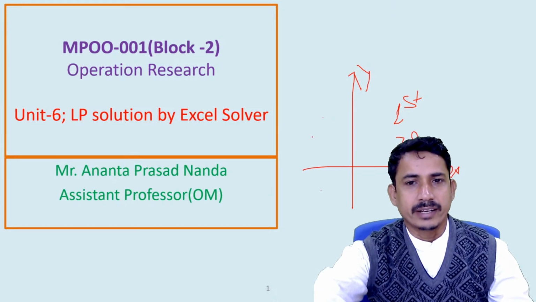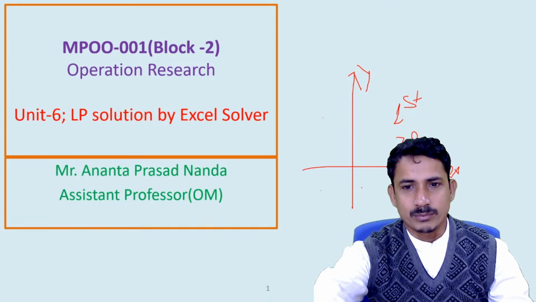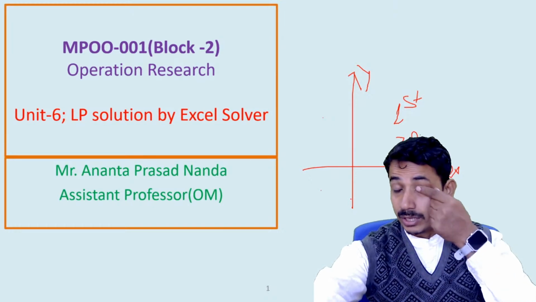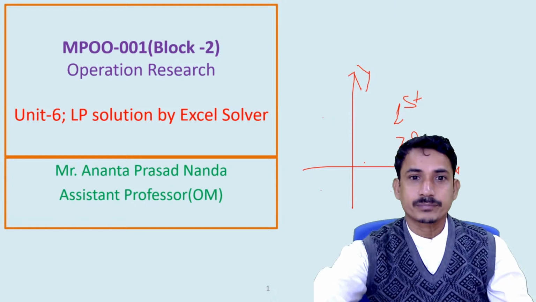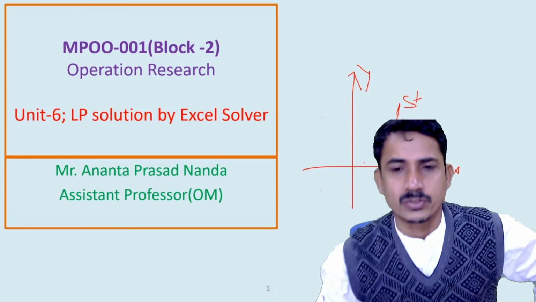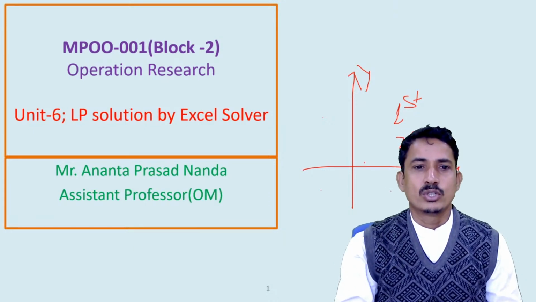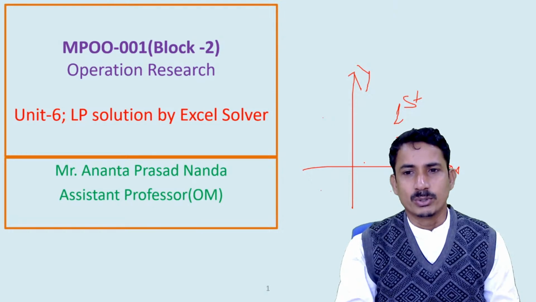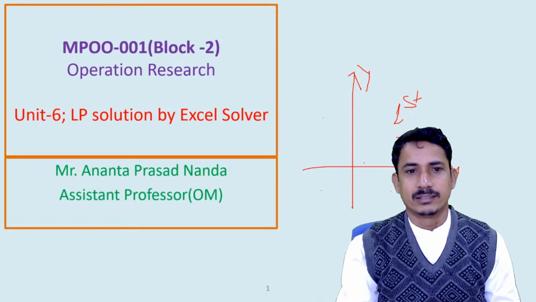Here it is negative, positive. Here both are negative. Here x is positive, y is negative. So you always take the first quadrant. Why? Because linear programming has the non-negativity constraint. Whatever variables you take, they should always be either positive or 0. That is why we take the first quadrant.